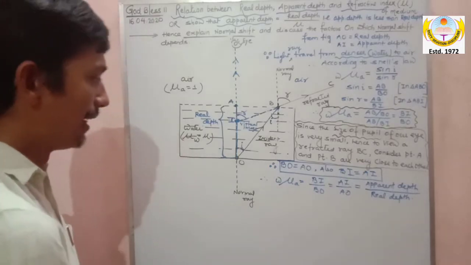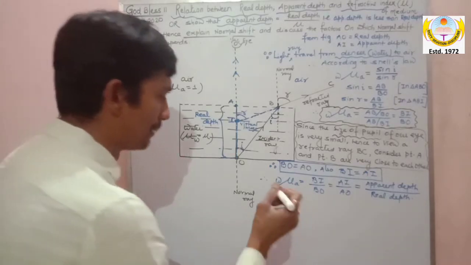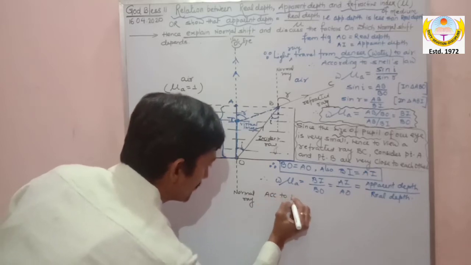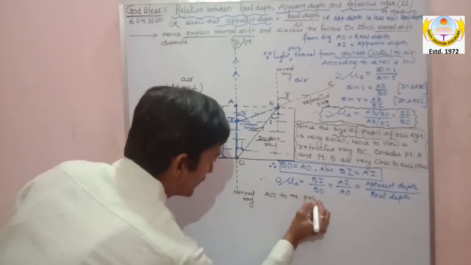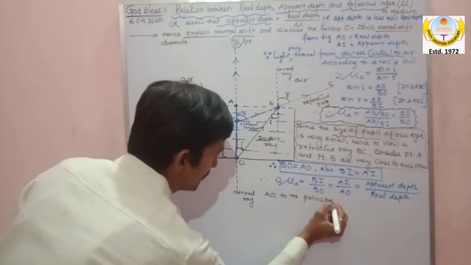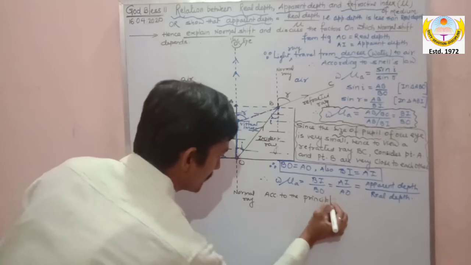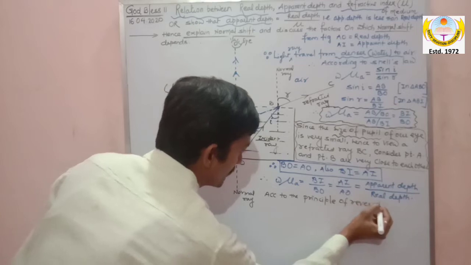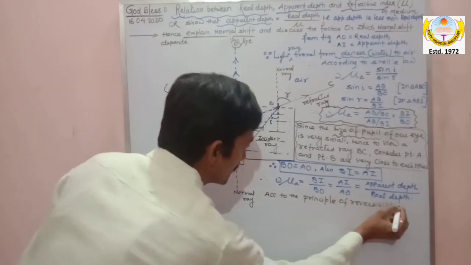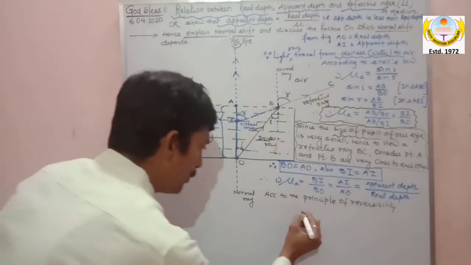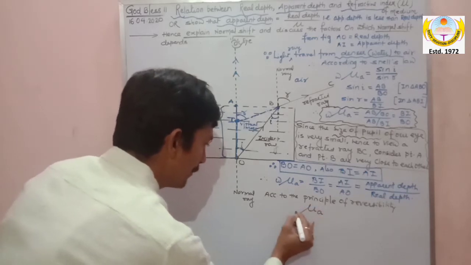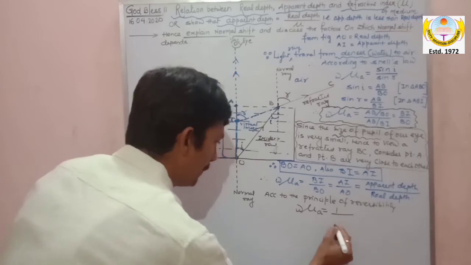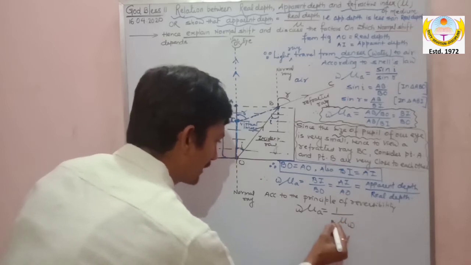Now my dear, let us use the principle of reversibility. According to the principle of reversibility, mu of air with respect to water is equal to 1 upon mu of water with respect to air.